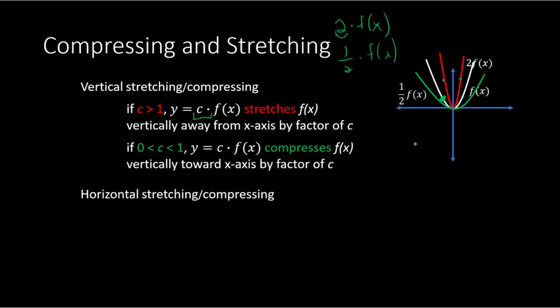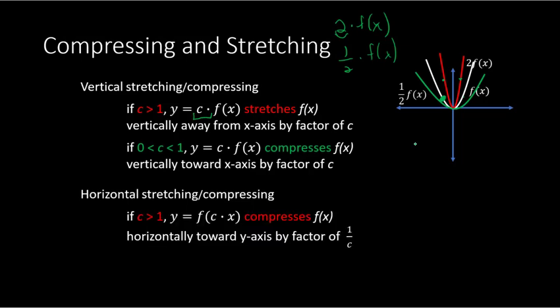So we have that, and we also have horizontal stretching and compressing. The way this happens is by multiplying the x in the parentheses of f of x by a constant. If you multiply by a number bigger than 1, you're compressing the function.